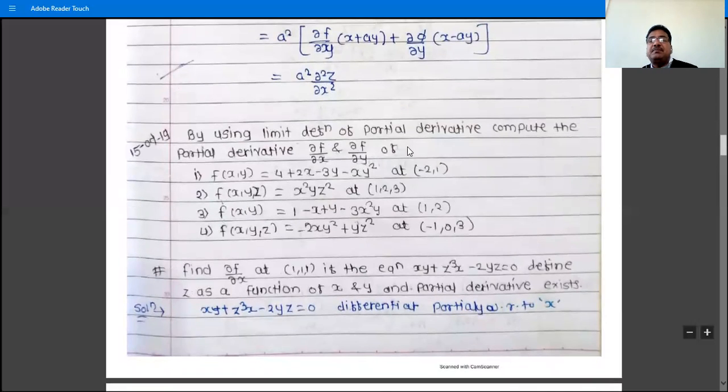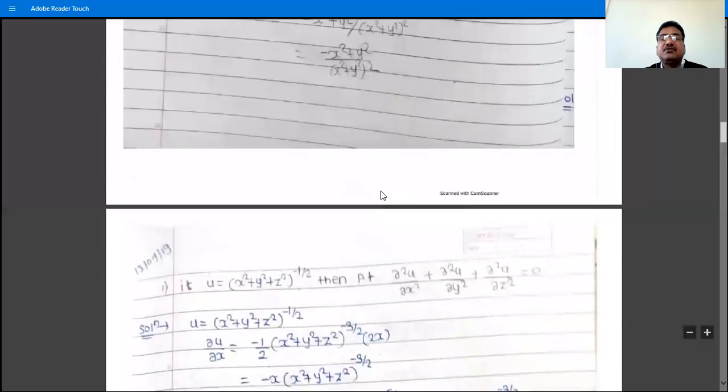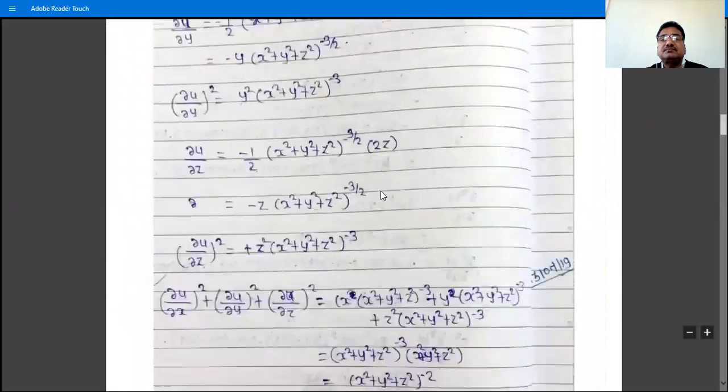By using the definition of partial derivative, compute the partial derivatives ∂/∂x and ∂/∂y. The functions are given at (-2, 1) and at (1, 2, 3). These problems were already solved in the previous lecture, so solve them by using the definition.